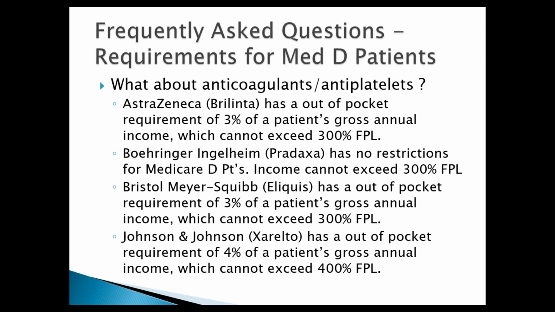Boehringer Ingelheim, which provides Pradaxa, has no restrictions for Medicare D patients, and the income limit for that is 300%. Eliquis requires 3% of the patient's gross annual income be spent out of pocket, and Johnson & Johnson for Xarelto also has an out-of-pocket requirement of 4%.